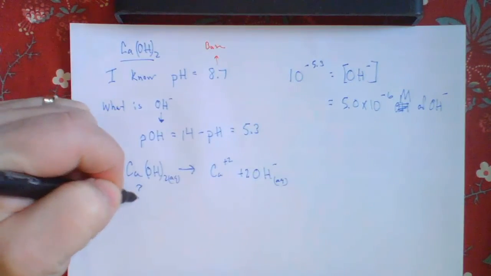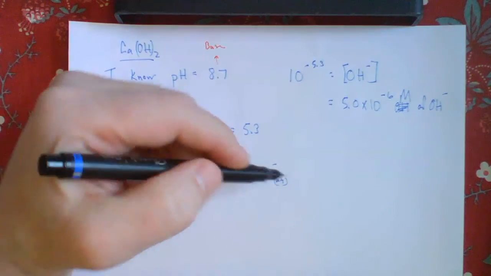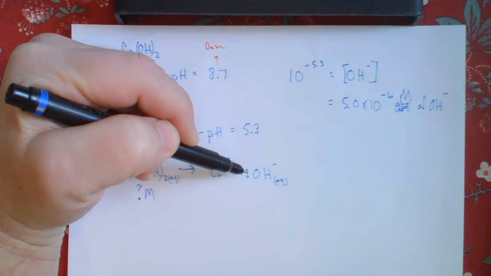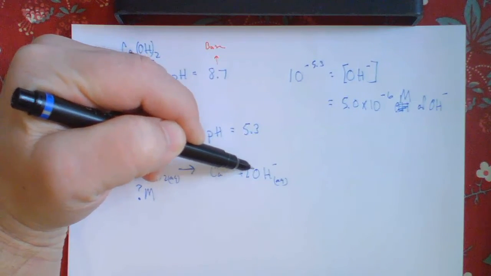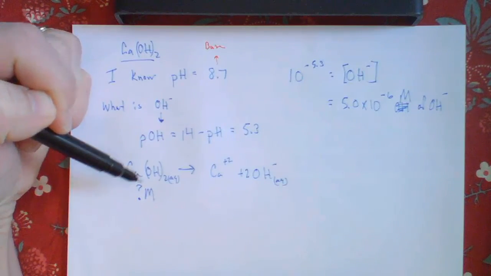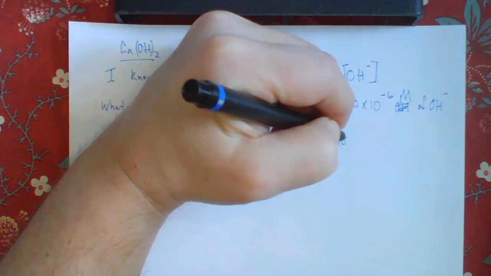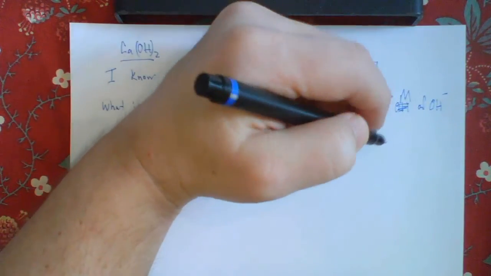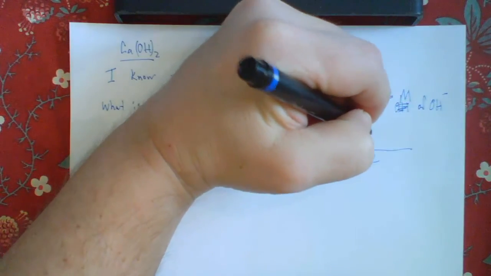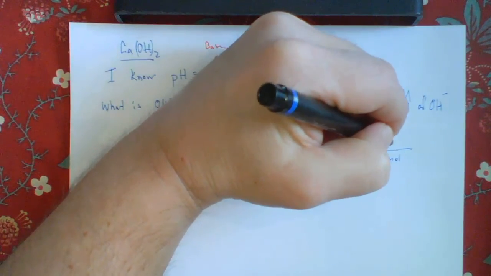Now, if I really wanted to figure out what was the concentration of the original solution, I know that I have my hydroxide ion concentration, and that the concentration here is twice whatever the concentration is of the base. So I'm going to take that 5.0 times 10 to the negative 6 molarity, and really what I'm saying is that 2 of these will produce 1 of those in a mole to mole fashion.